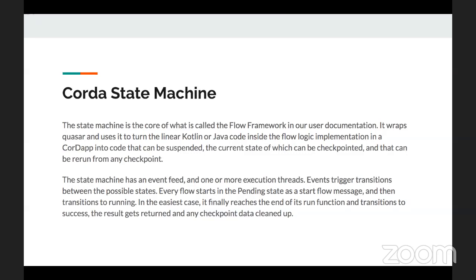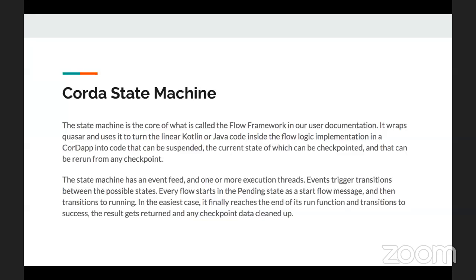The current state of the flow logic can be checkpointed. You can resume it from any checkpoint. The state machine in Corda has an event feed, and it executes the events like a thread. Events trigger transitions between possible states.